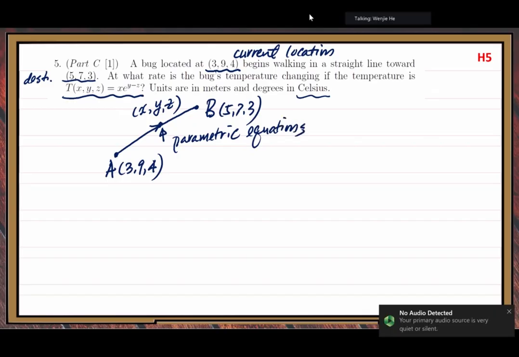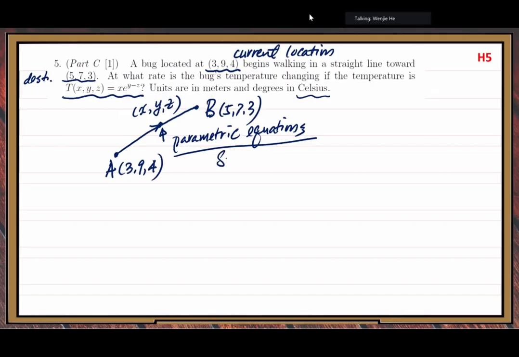So the first step, step 1, this is step 1: parametric equations. How to write it? Remember in class, I gave you a concept called linear interpolation.